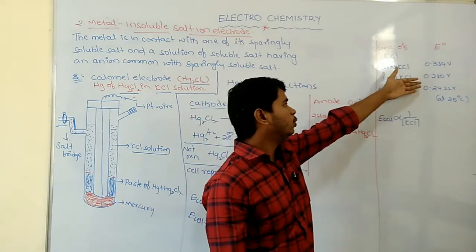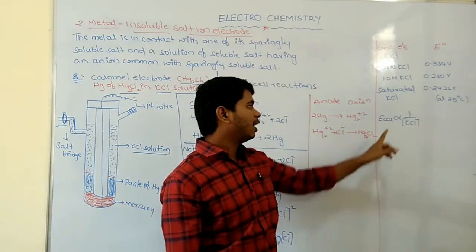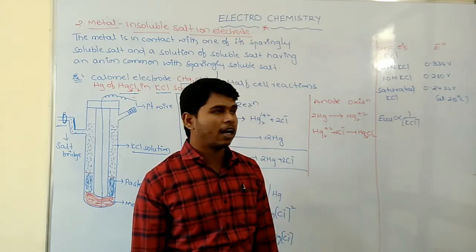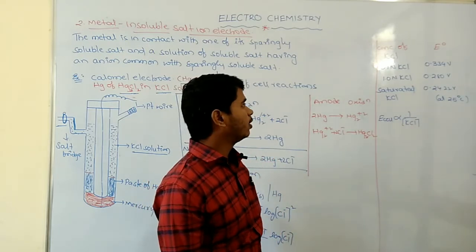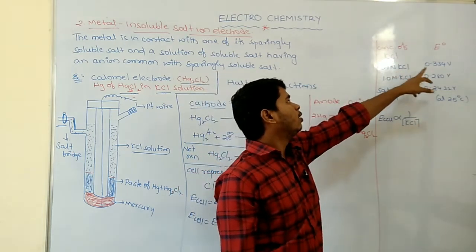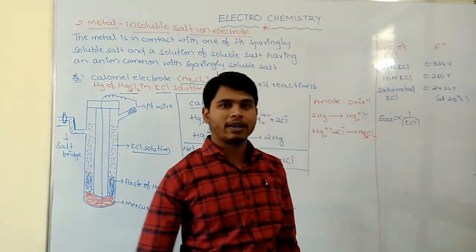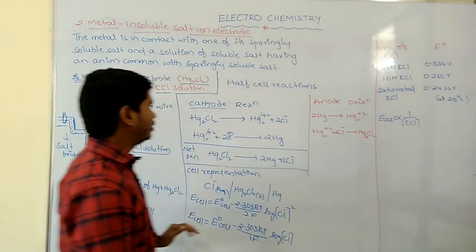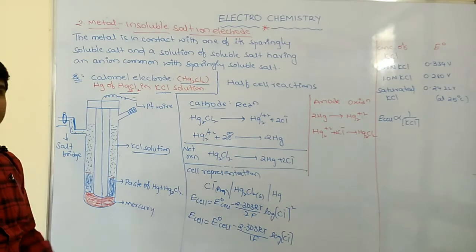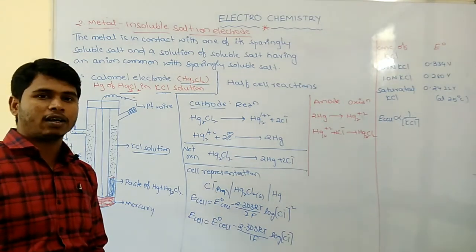From these values, it is revealed that the cell potential is inversely proportional to the concentration of KCl solution. Here, the lesser the concentration of KCl solution, the more will be the standard reduction potential. And this is about the calomel electrode of metal insoluble salt ion electrode.